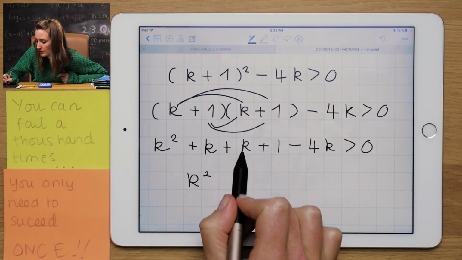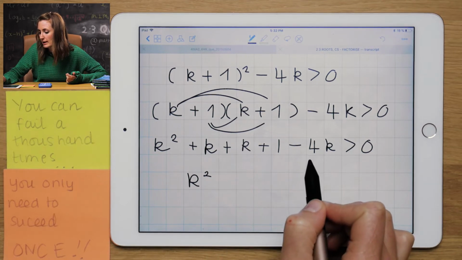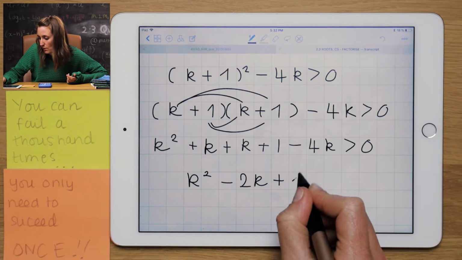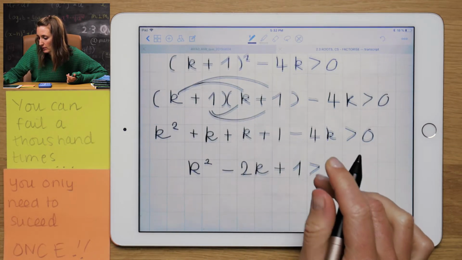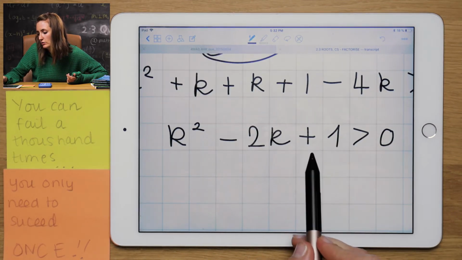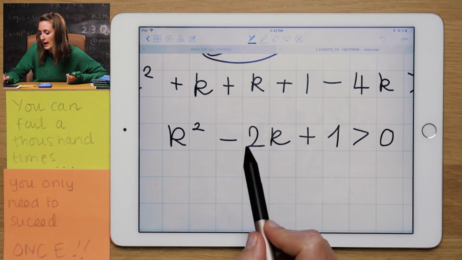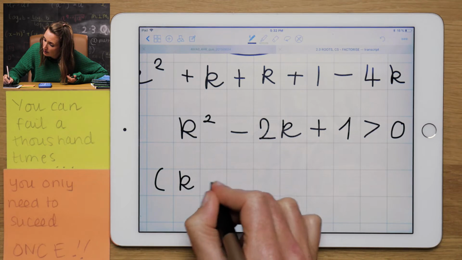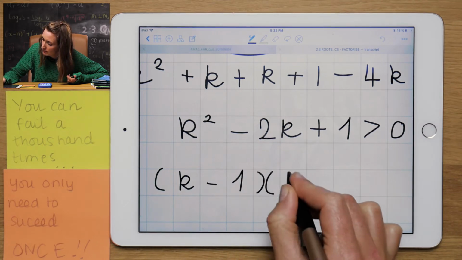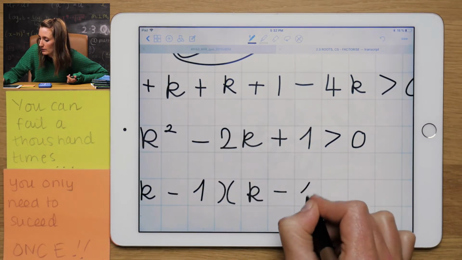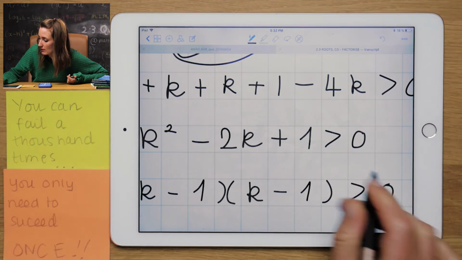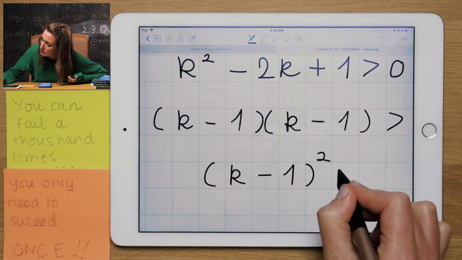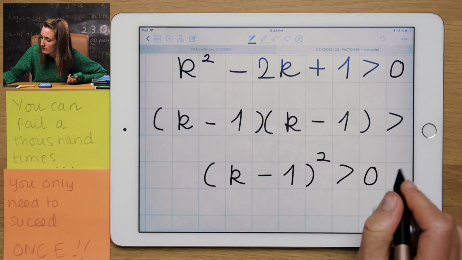I've got plus k, that's 2k, minus 4k, so minus 2k, plus 1, bigger than 0. So I want two numbers that multiply to make 1 and add up to make minus 2. So I'm going to have k minus 1, k minus 1, bigger than 0. That's going to be k minus 1 squared, bigger than 0.